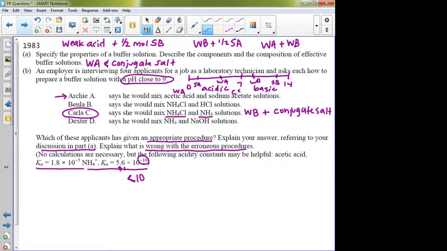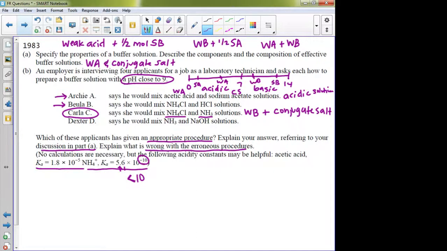But he used a weak acid and its conjugate salt, so the pH of his buffer solution is going to be what? Acidic. It's not going to be basic. And we want it to be basic, right? So this one's going to give me an acidic solution. He's the one that understood what a buffer was but forgot the pH scale.